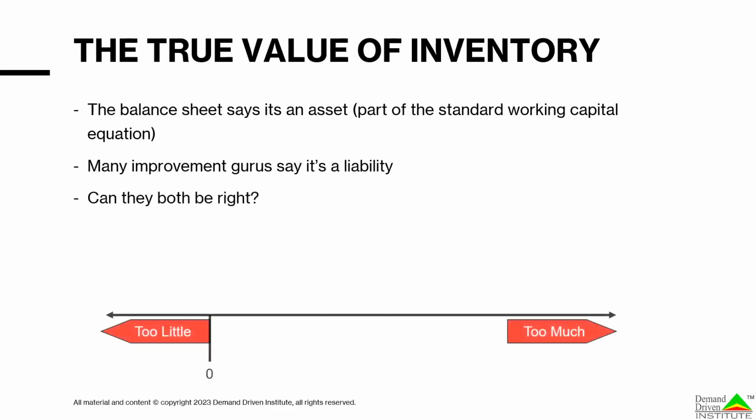So I'm going to bring out my nifty graph. I'm sure most of you have seen this. Because the term asset and the term liability with regard to inventory has nothing to do with the financial definition of asset and liability. It has everything to do with its impact on flow, the ability to facilitate flow in a supply chain.